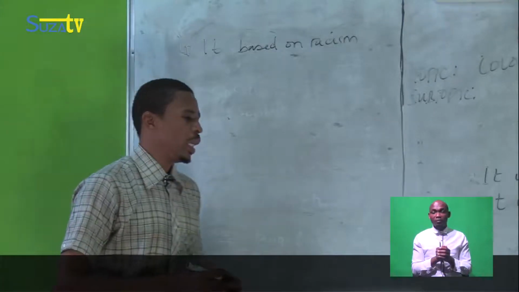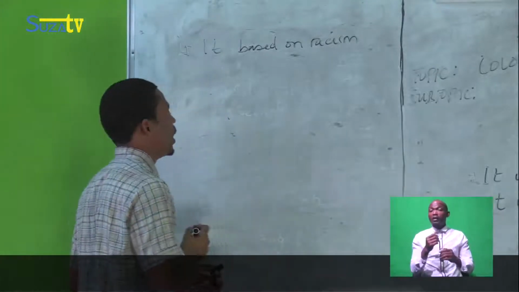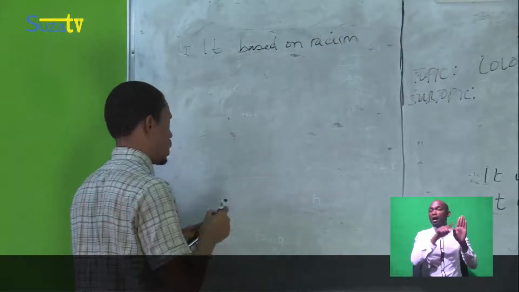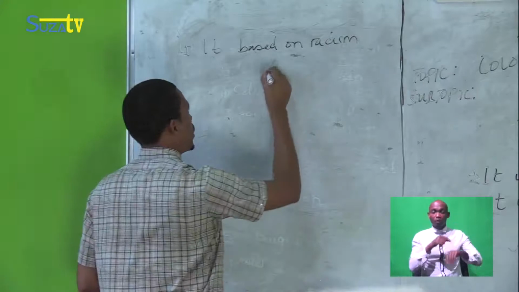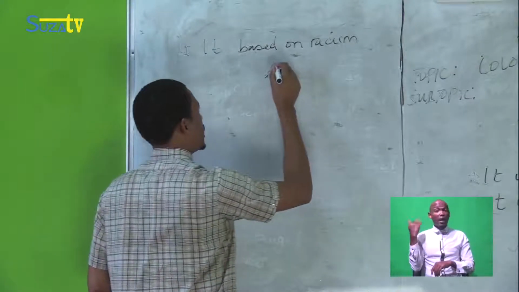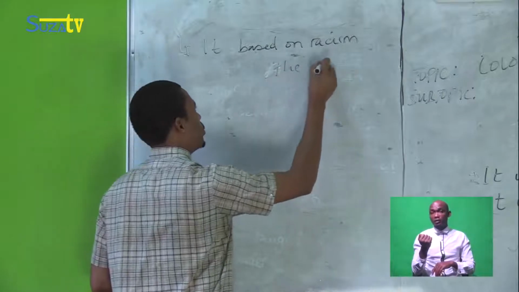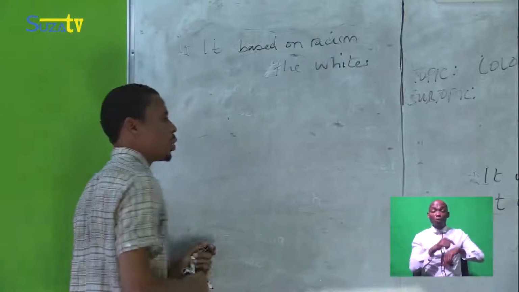During the colonial era, three different races were found in Africa. During that time we had the whites, the Europeans who settled in Africa.